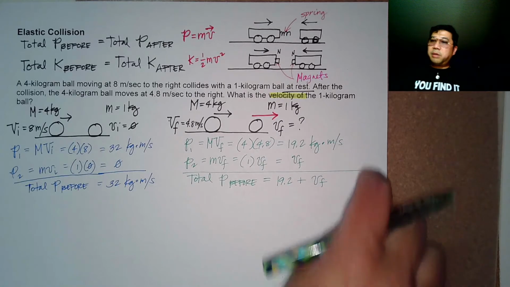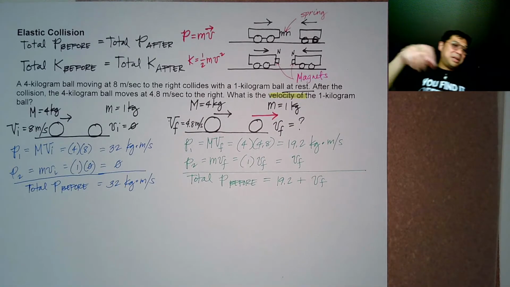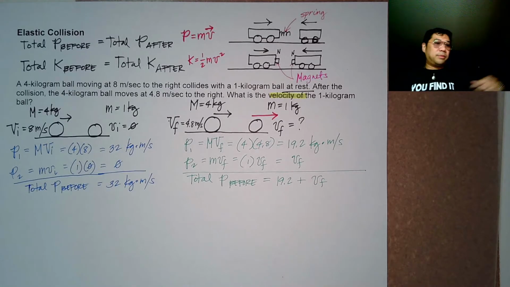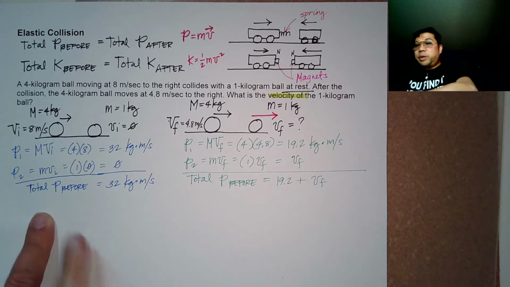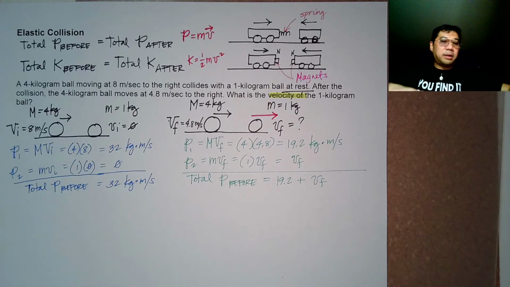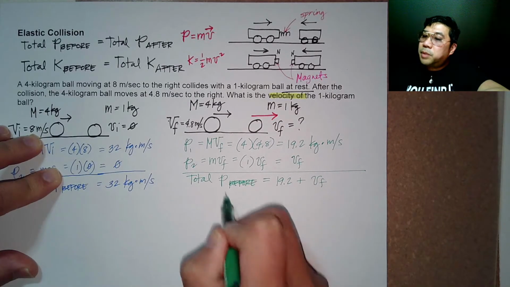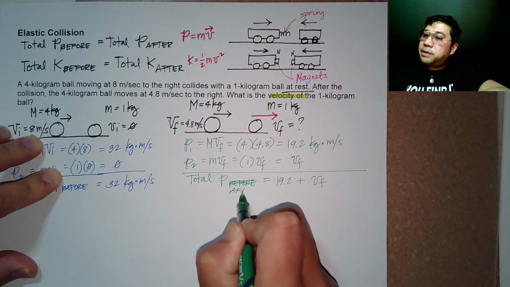We're not trying to solve for the total momentum before and after, but instead we want to figure out the final velocity. But since we know that the total momentum before collision is the same as the total momentum after, and I said before, let me correct myself, this is after.